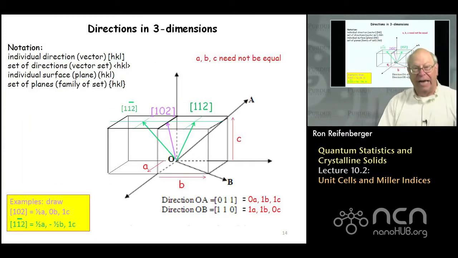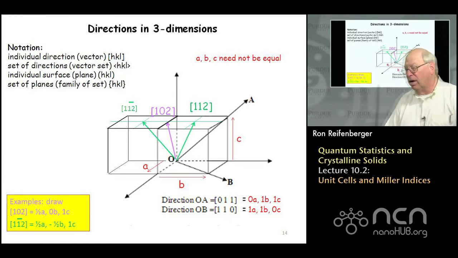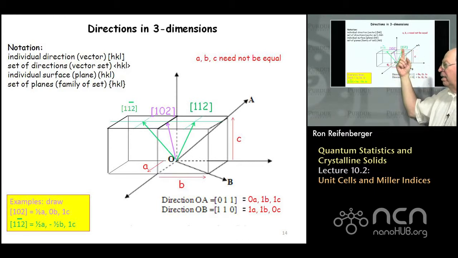And then lastly, I just wanted to mention that the directions inside of a crystallographic system are indicated by Miller indices surrounded by these square brackets. So here I indicate different crystallographic directions.